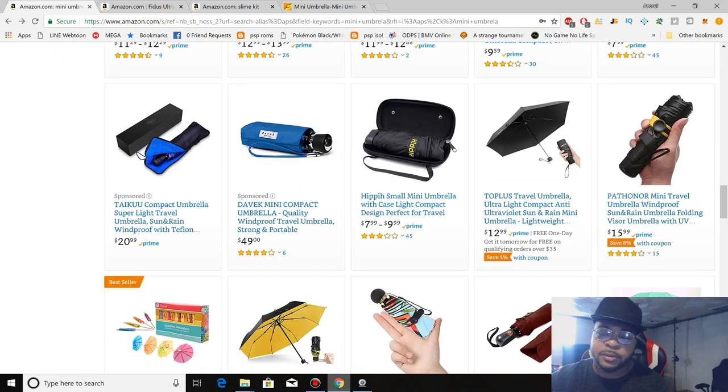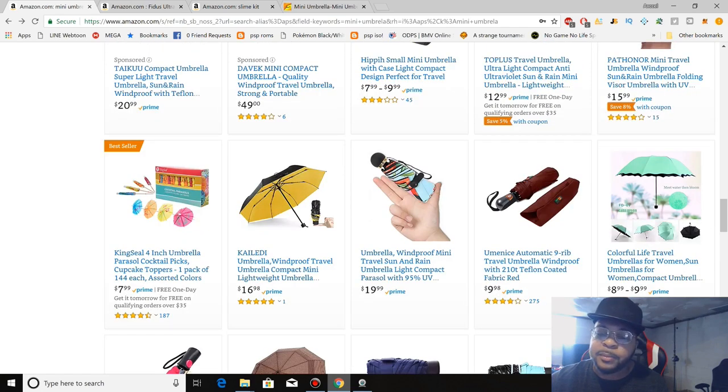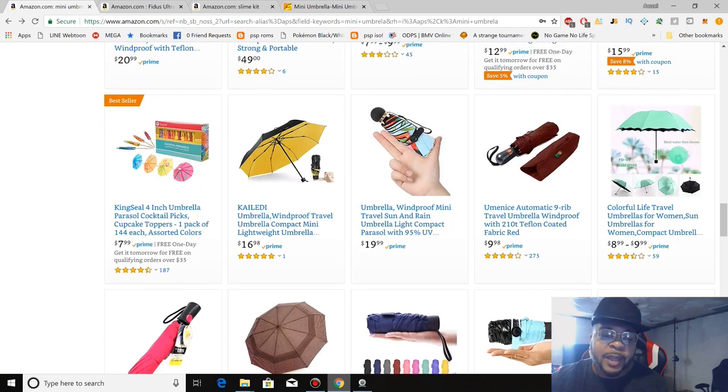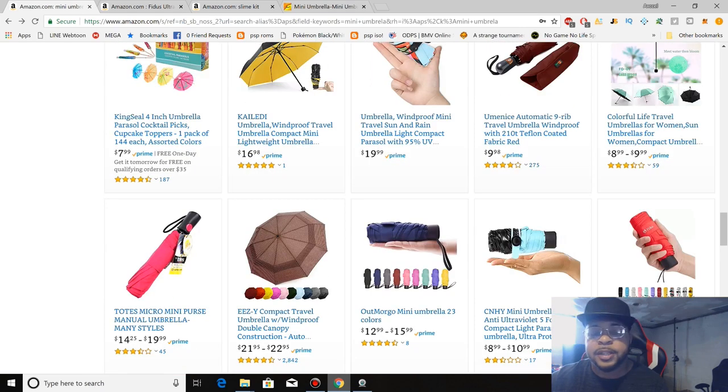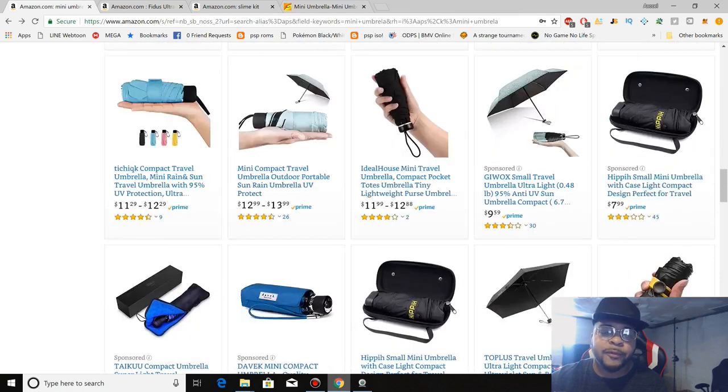And another thing that you could do is you could potentially bundle this with rain boots. You could potentially bundle this with a rain poncho or raincoat, or maybe one of those rain hats. If you were able to bundle this umbrella with something, that would be considered differentiating your product alongside having professional pictures.